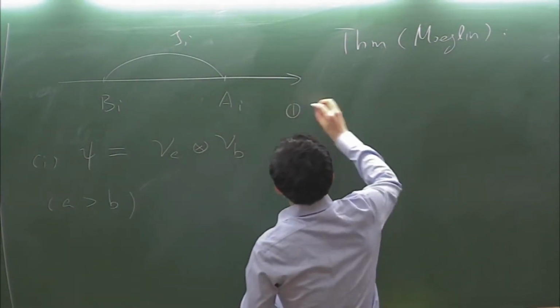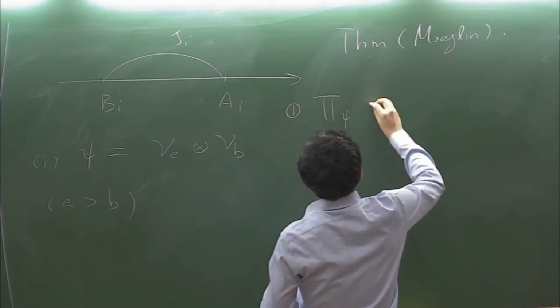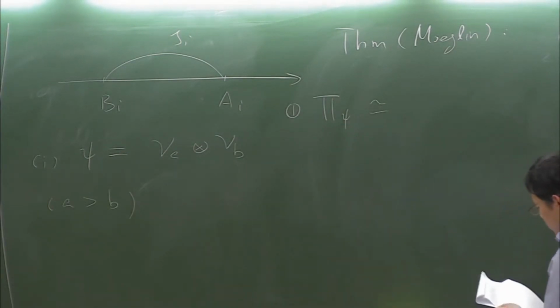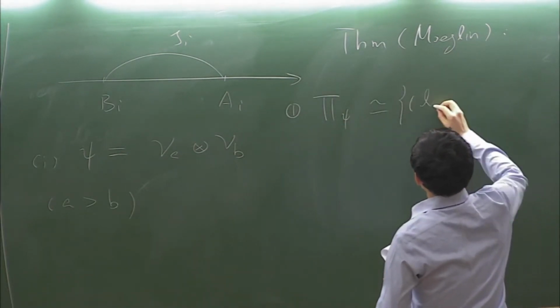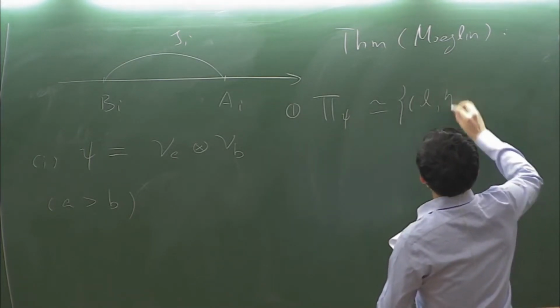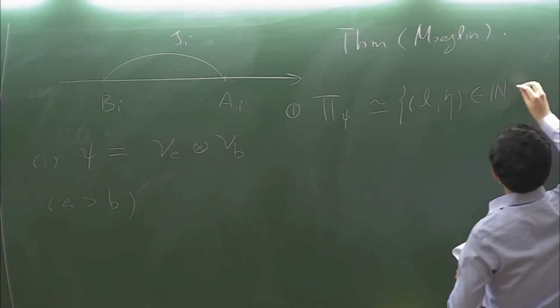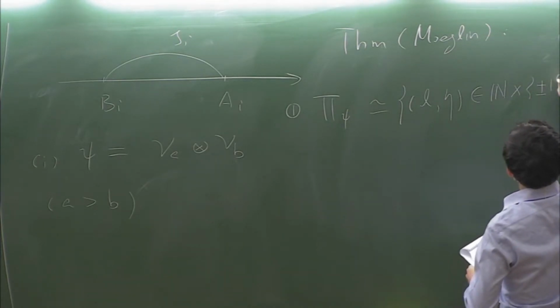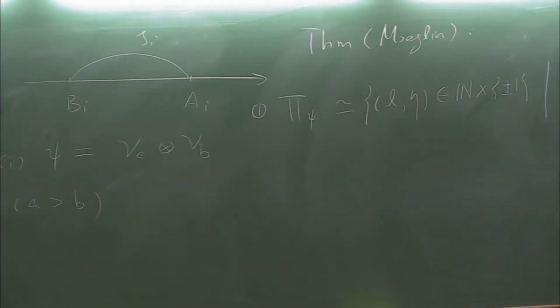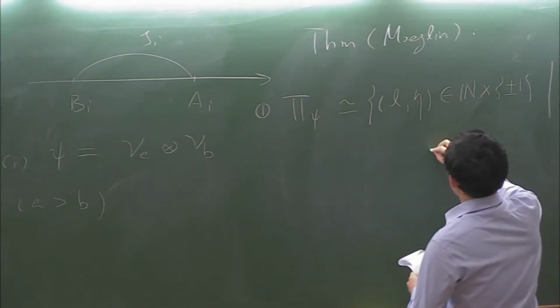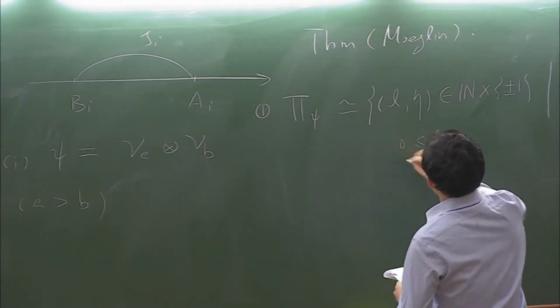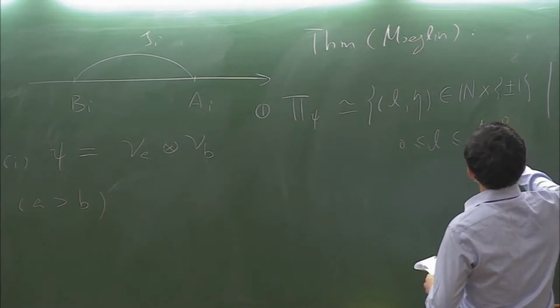So first, there's a bijection between these A packets and the data in this form, where this L is an integer and this eta is just a sign. And moreover, we want this L to range from 0 to (A minus B) over 2.